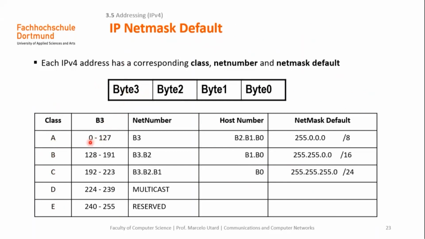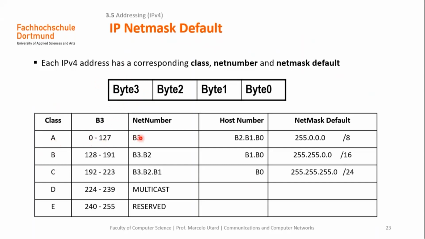For instance, all the IP version 4 addresses that have the most significant octet between 0 and 127 are class A.